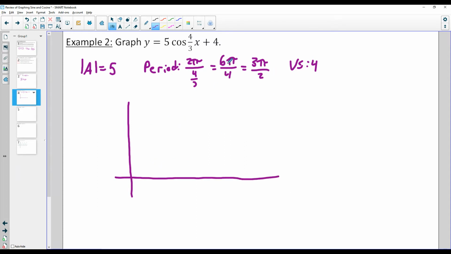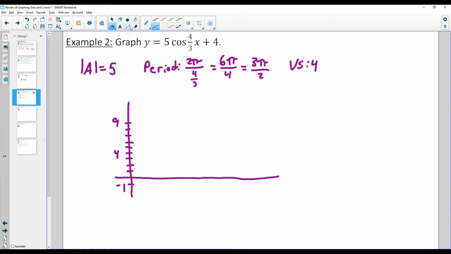Again, vertical shift, I'm going to have to go up to 1, 2, 3, 4, and I know I'm going to have to go 5 above that, 1, 2, 3, 4, 5, and then that would put me at 9. And then I also know that I'm going to have to go 5 below. So if I'm at 4, that's 1, 2, 3, 4, negative 1, and 1, 2, 3, and then here's 4.